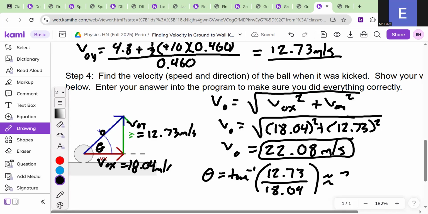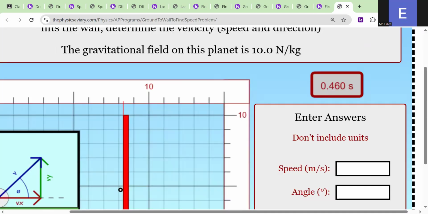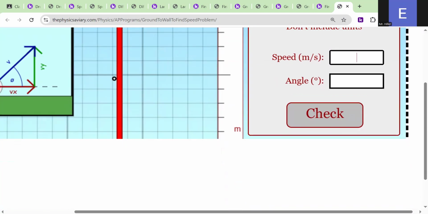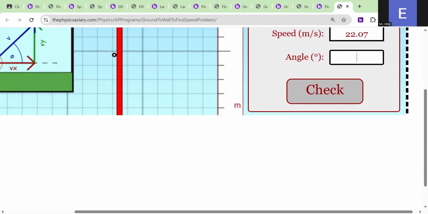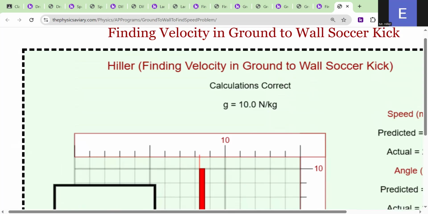I'm getting an angle of about 35.2 degrees off the ground. Let's see how I did. Okay, so for a speed, I'm getting 22.07. For an angle, I'm getting 35.2. And there you go. Everything worked out.